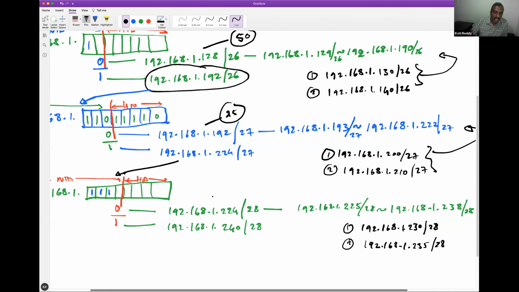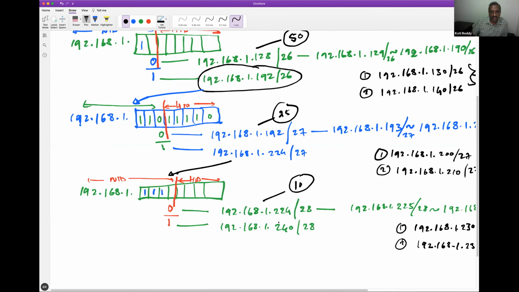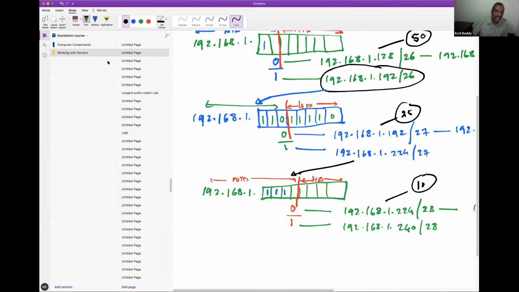So let us take this network ID for 10 hosts. 1.224/28.